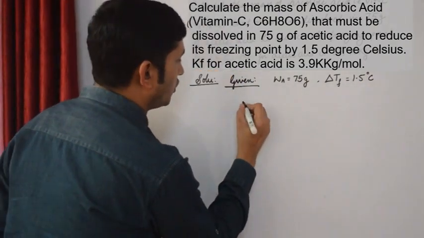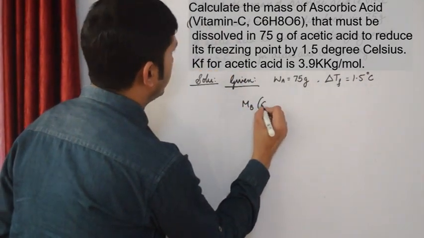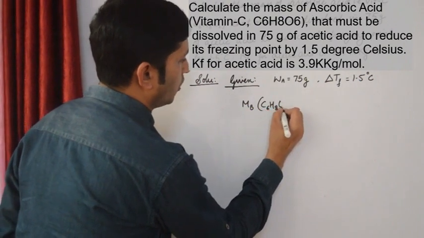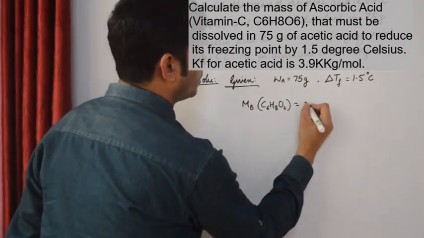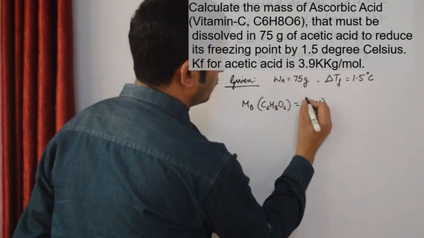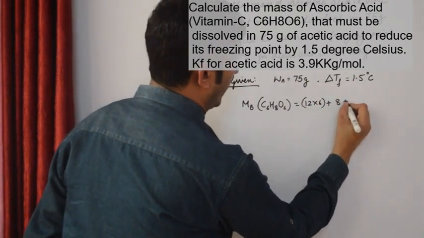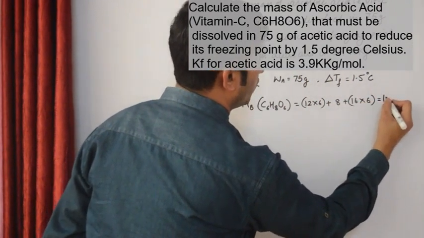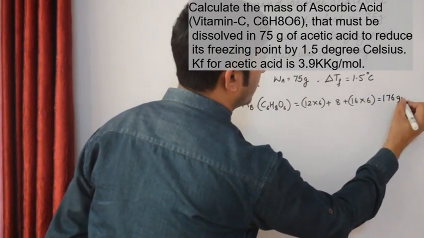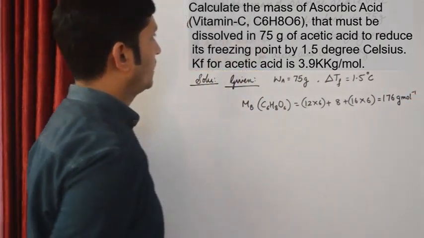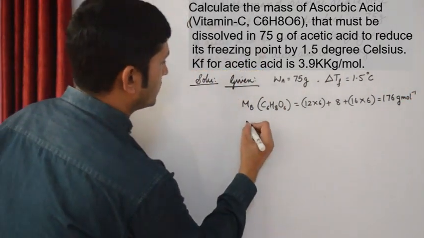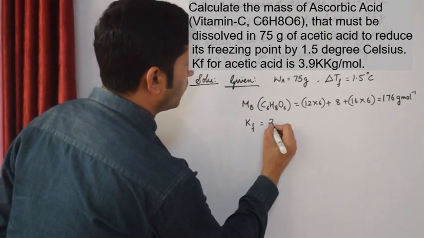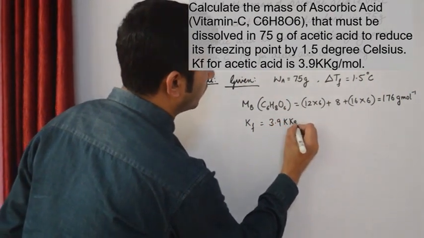Molar mass of solute Mb, we can easily calculate using its molecular formula. For carbon, 12 into 6, for hydrogen 8, and for oxygen 16 into 6. On calculating you will get 176 gram per mole. Same way Kf value is given here, 3.9 Kelvin kilogram per mole.